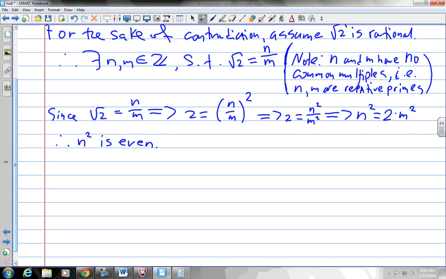So clearly n squared is divisible by 2. Now, this also implies, and we're probably going to have to prove it later because we haven't done that, that if n squared is even, then n is even as well. Do you believe that? If the square is even, the number itself is even?